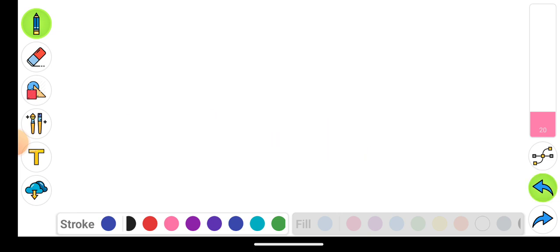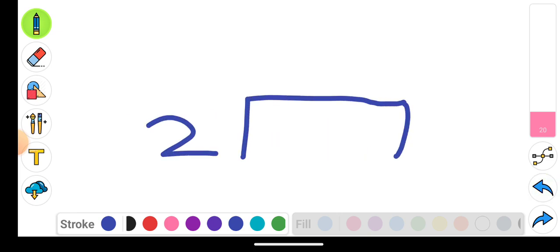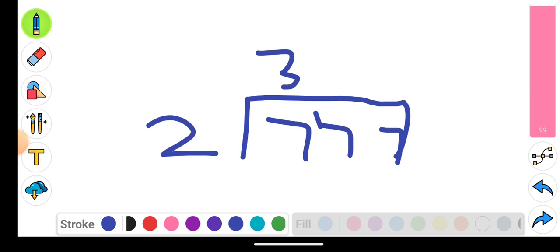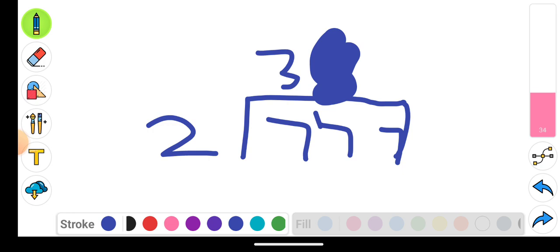Even if we do the bus stop method, what ends up happening is you put a 3 here, you put a 1 here, and then you can still do 2 divided by 17, which is still not accurate.